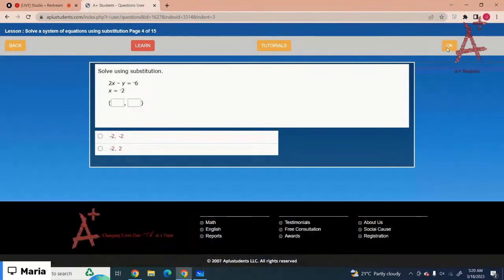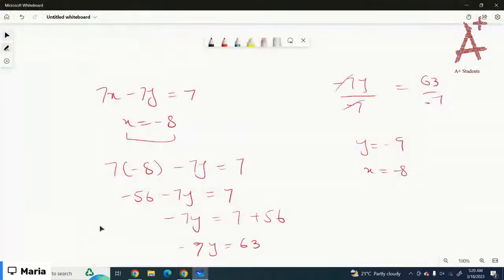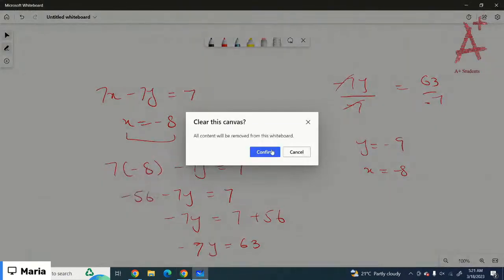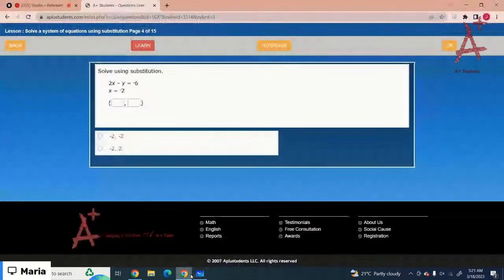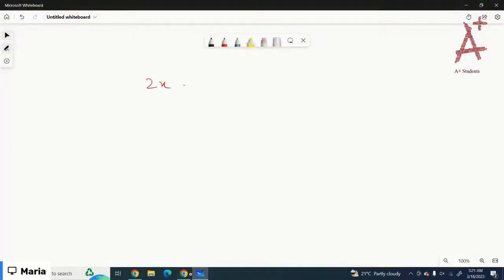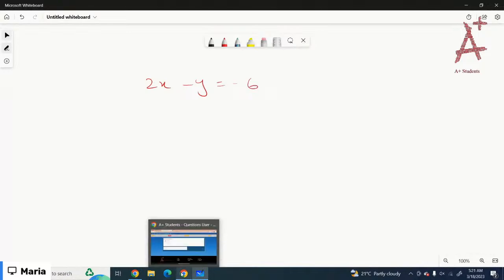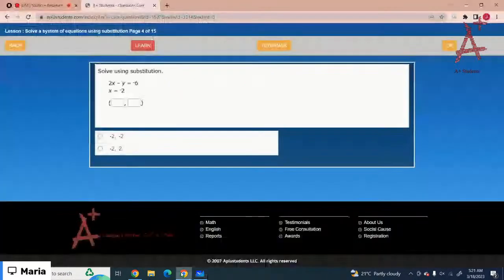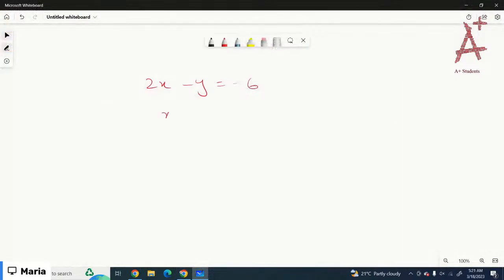Okay, the next one is 2x minus y equals negative 6. And the second equation is x equals negative 2. So x equals negative 2 is already isolated.